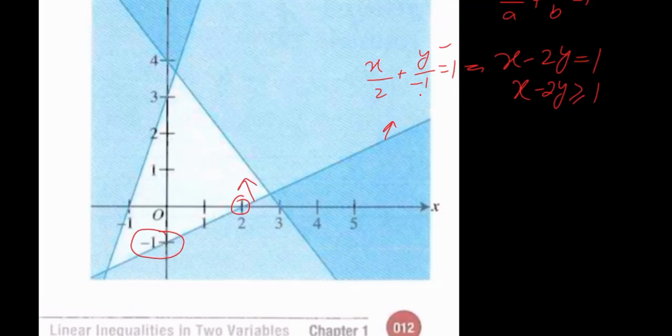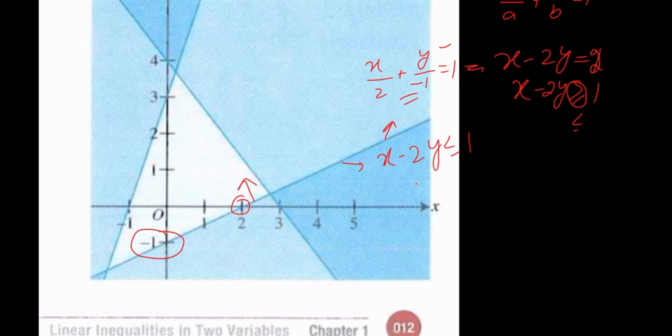When we multiply this line by its LCM, the right side will be 2 here. Further, here the unshaded region is below this line rather than above. So here there will be a less than or equal sign. So the inequality for this line is x minus 2y less than or equal to 2.